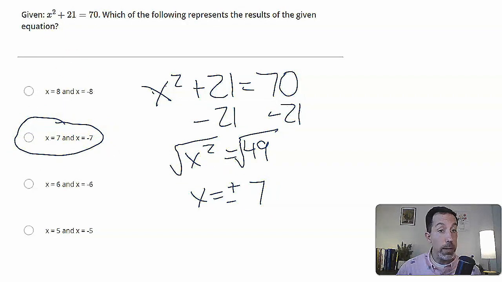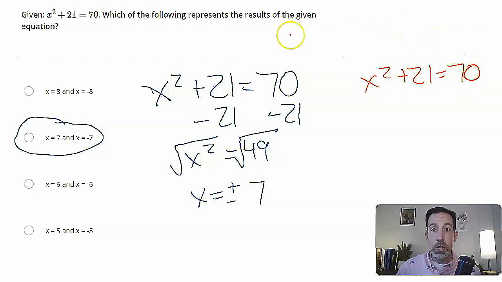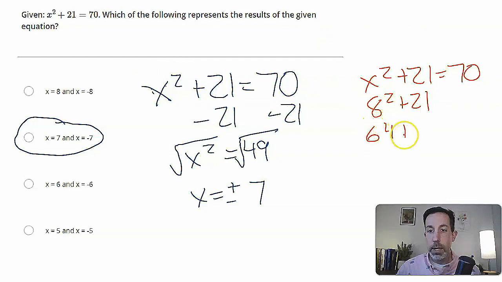Now, that's one way to solve it. Another way that you may find easier is to simply work backwards from the solutions that you're given. So let's take our equation x squared plus 21 equals 70, and let's just start plugging in answers. So the first one is 8. If we do 8 squared plus 21, let's see, 8 squared is 64, which if I add 21, that's definitely not 70.